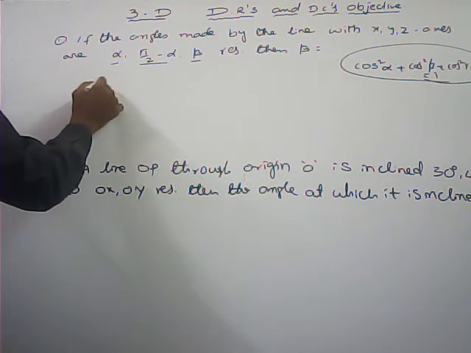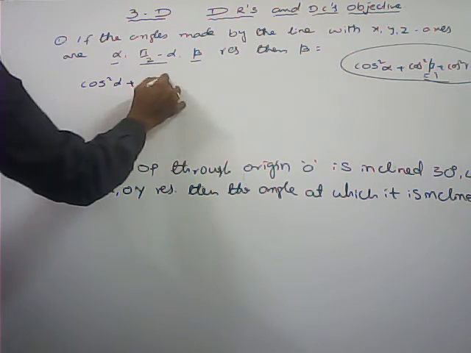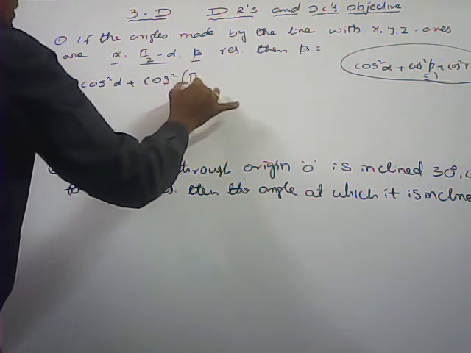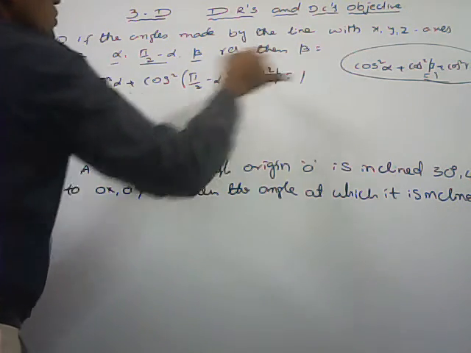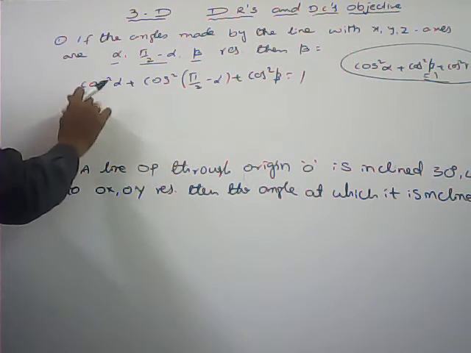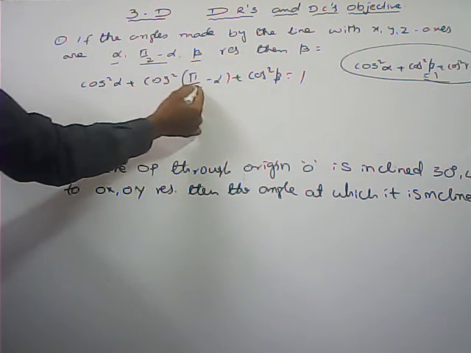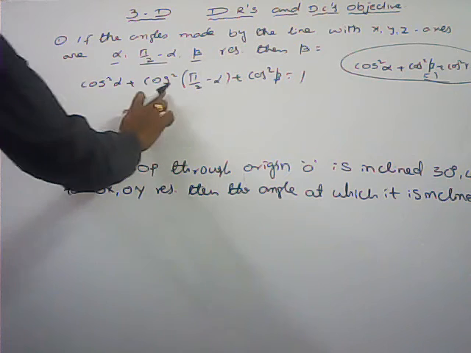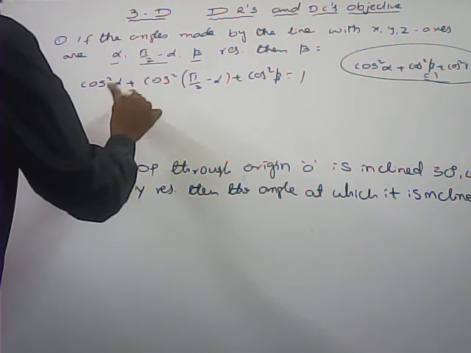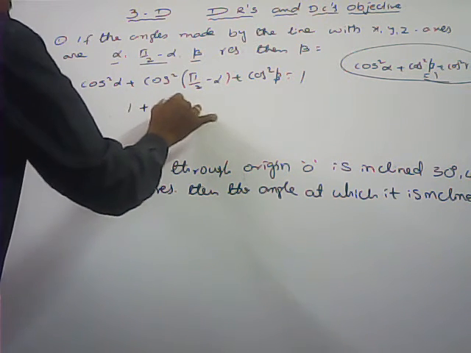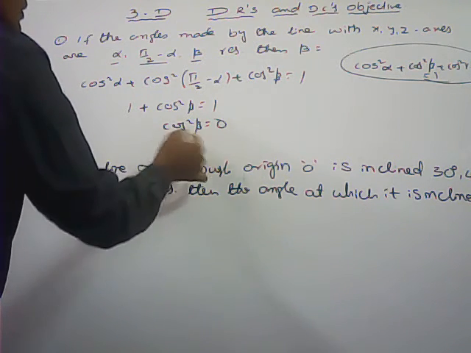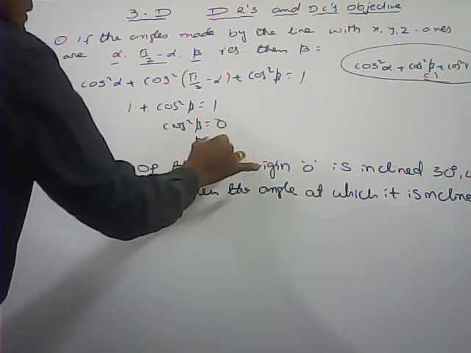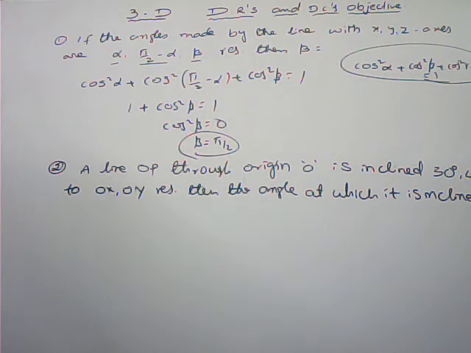Cos square alpha plus cos square beta, with pi by 2 minus alpha in the place of beta, plus cos square gamma is equal to 1. Cos of 90 minus alpha is sin alpha, so sin square alpha plus cos square alpha is 1, plus cos square beta is equal to 1, so cos square beta is equal to 0. 0 means beta is equal to 90 degrees. By using that condition, we can do that one.